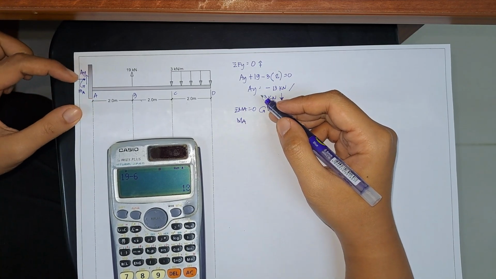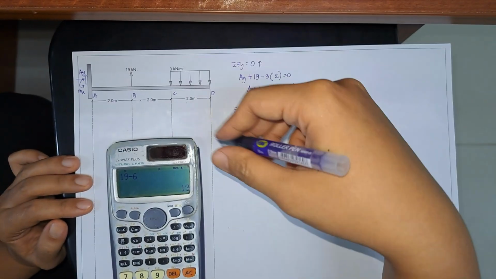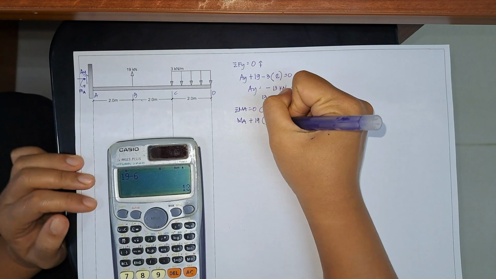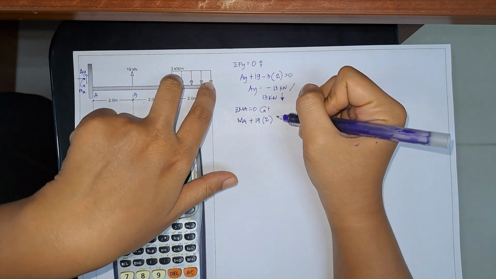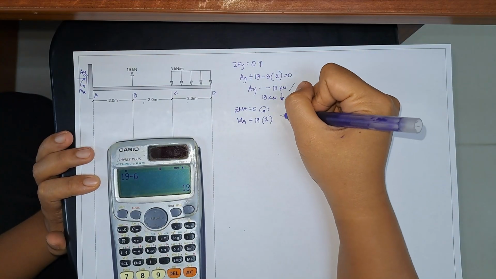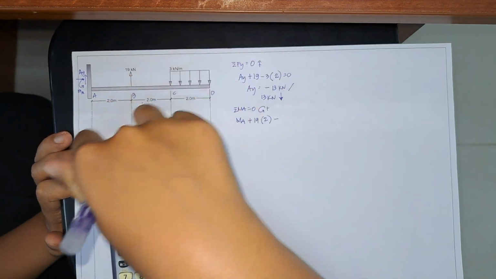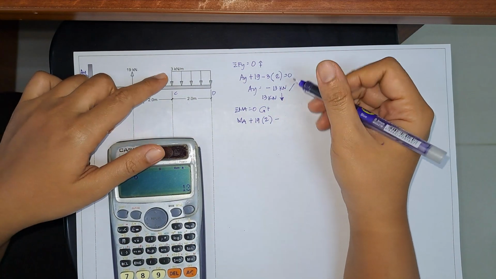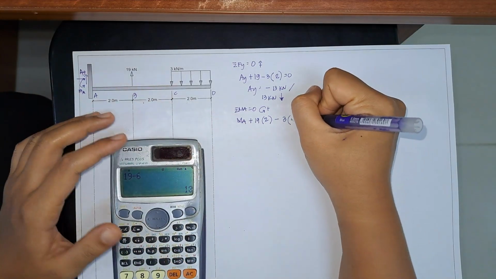Okay? So, we have your MA. Next, 19. So, it will create counterclockwise. So, plus 19 multiplied by the moment arm, 2 meters. Tapos ito, kunin natin yung concentrated load niya or yung area. So, we have a minus kasi it will now create clockwise motion. Okay? So, minus 3 kilonewton per meter by 2 meters.